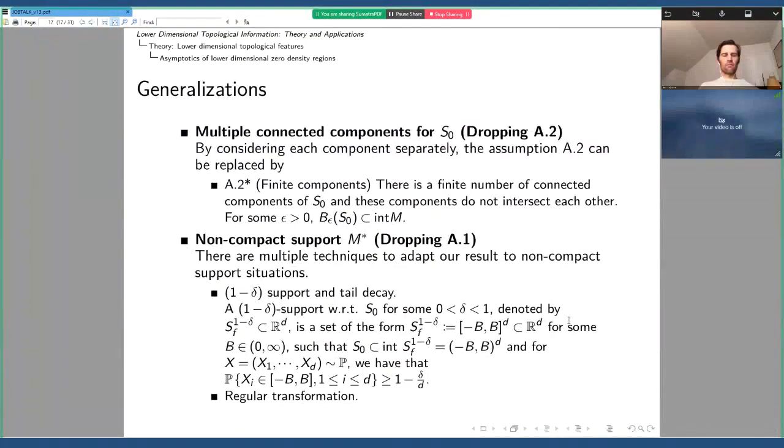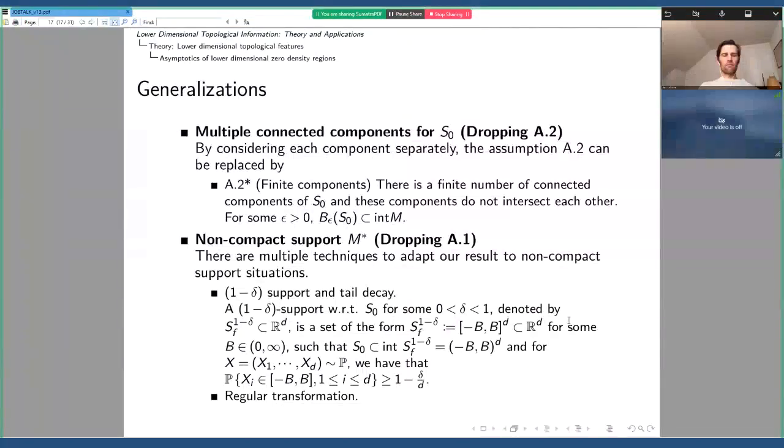And then we can also generalize our result to non-compact support instead of a d-dimensional unit hypercube. The interesting thing is that there are actually 2 different approaches to generalize in this direction. One is a pretty classical probability technique, which is that we only consider a 1 minus delta support, which contains 1 minus delta of the probability mass of the probability density function.